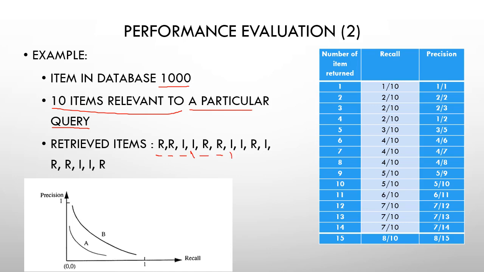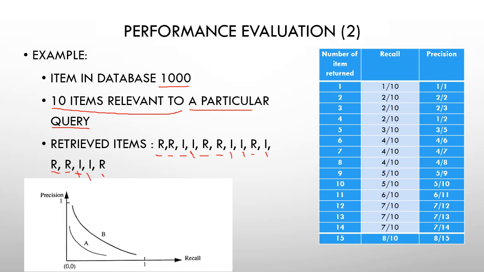Number 7 and 8 are not relevant. Number 9 relevant. Number 10 not relevant. Number 11 and 12 are relevant. 13 and 14 are not relevant. And number 15 is relevant.